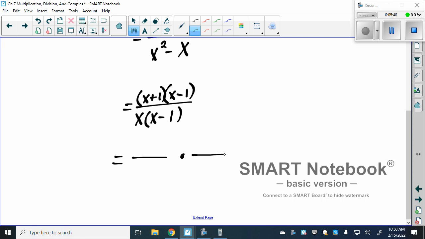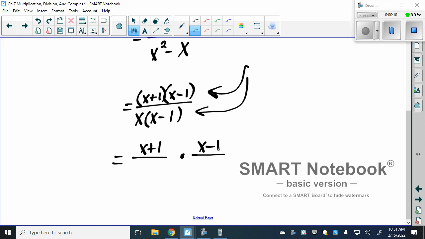And when we multiplied the numerators, we realistically got something that looks like this, x plus 1 times x minus 1, yes? And in the denominators, we multiply those, we got something that looks like x times x minus 1, yes? So I could easily break those two back apart before we multiplied. So I could say that I have an x plus 1 and x minus 1, easily going back apart, yes?